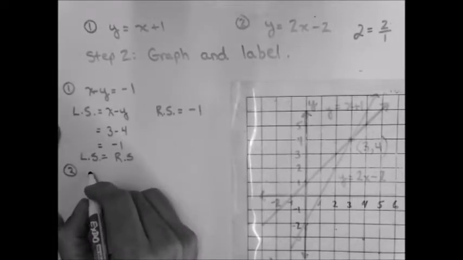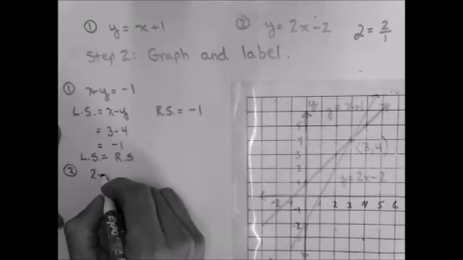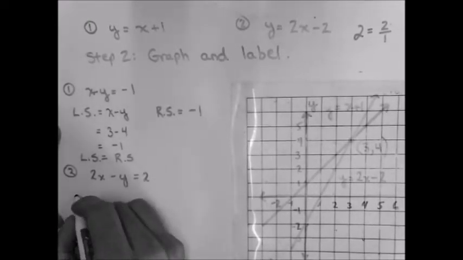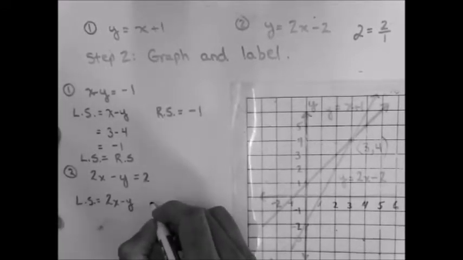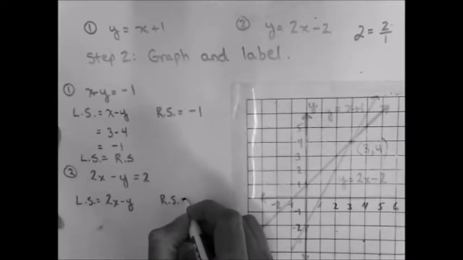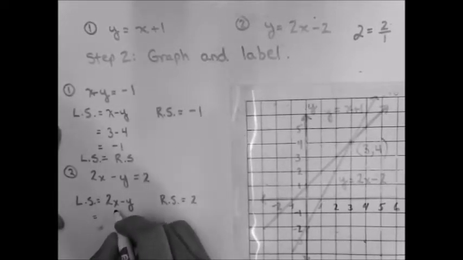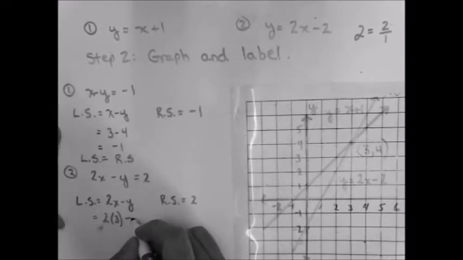So here our original equation for the second line was 2x minus y equals 2. So the left side is 2x minus y. The right side equals 2. We'll sub in our values for our variables. X is 3 and y is 4.